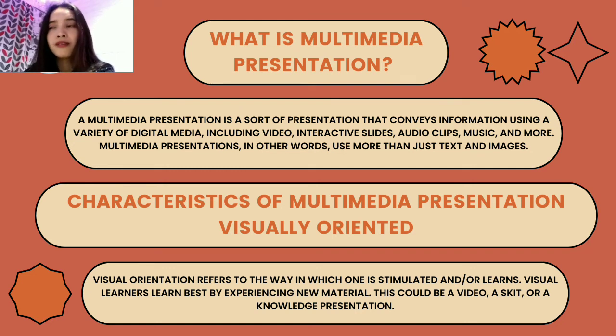So, visually oriented. Visual orientation refers to the way in which one is stimulated and learns. Visual learners learn by experiencing new material. This could be a video, a skit, or a knowledge presentation.